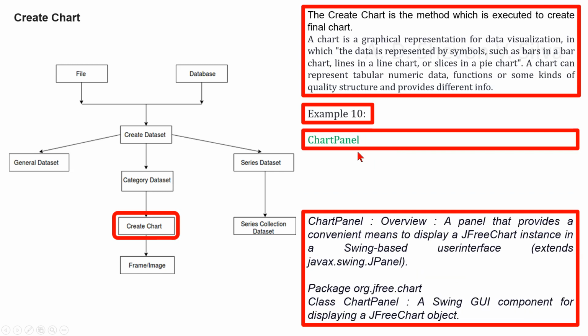Overview of ChartPanel, a panel that provides a convenient means to display a JFreeChart instance in a Swing-based user interface. It extends javax.swing.JPanel. Class ChartPanel in package org.jfree.chart. A Swing GUI component for displaying a JFreeChart object.